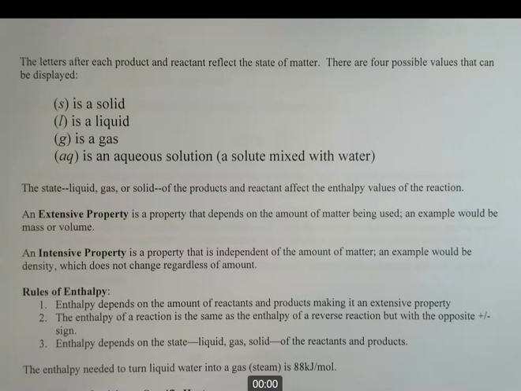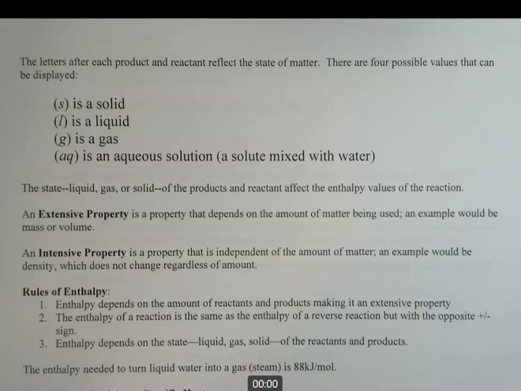Another thing that would be an extensive property would be how much heat it takes to warm up a block of iron 10 degrees. If you have a big mass of iron, a huge iron block, it's going to take a lot more heat to heat that massive iron block up 10 degrees than if it was just a little tiny block of iron. So the amount of heat that's required to increase the temperature is an extensive property.